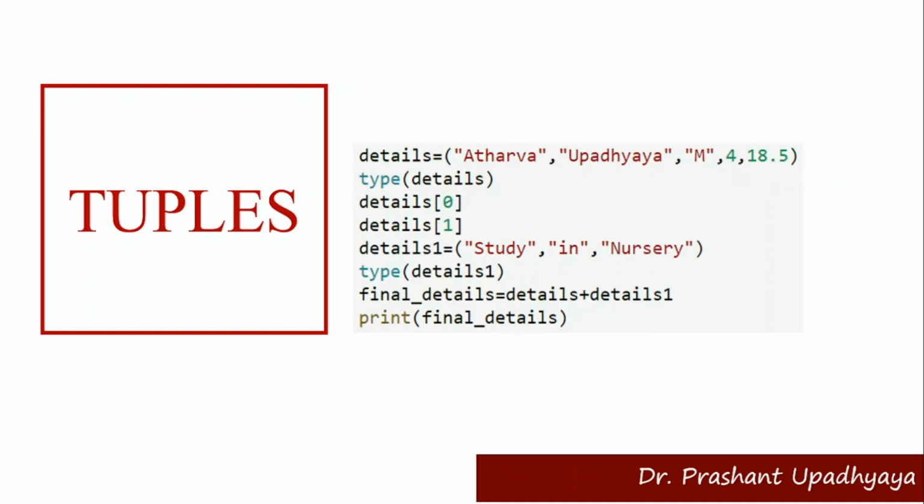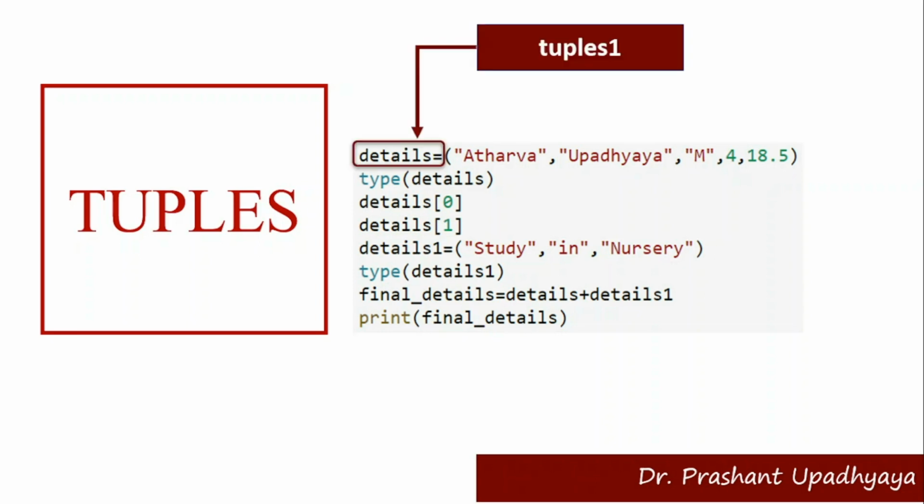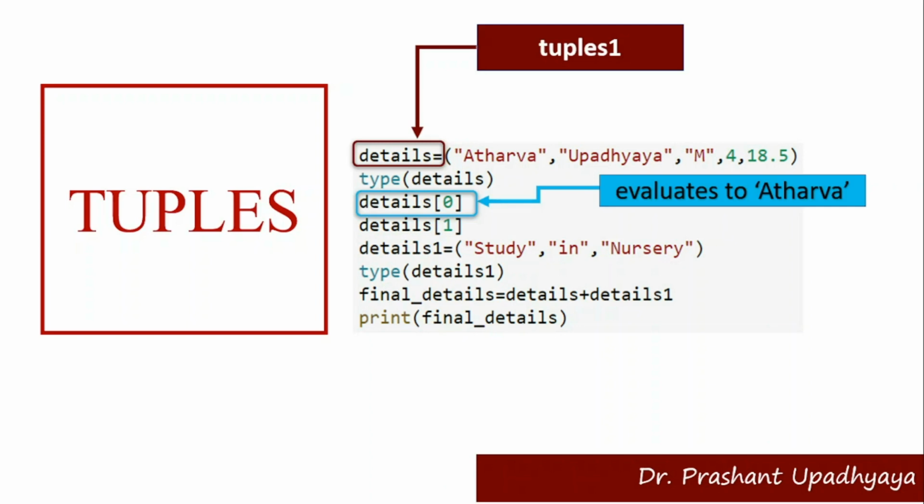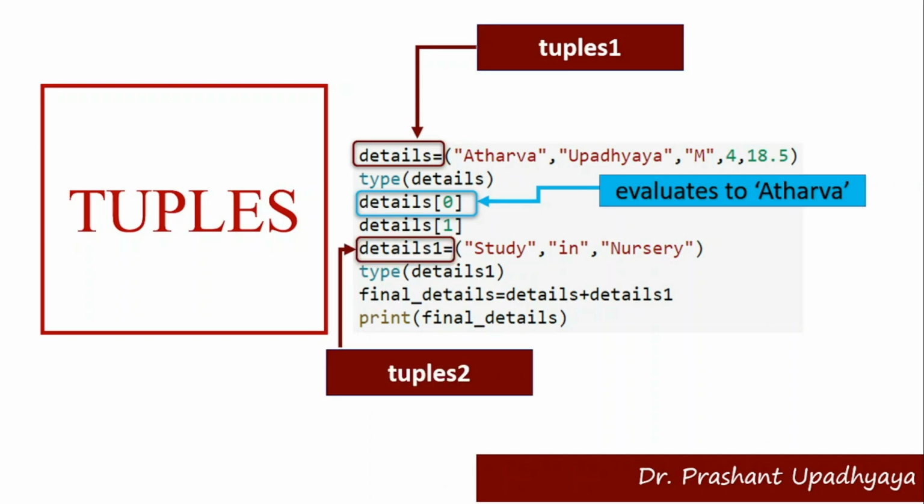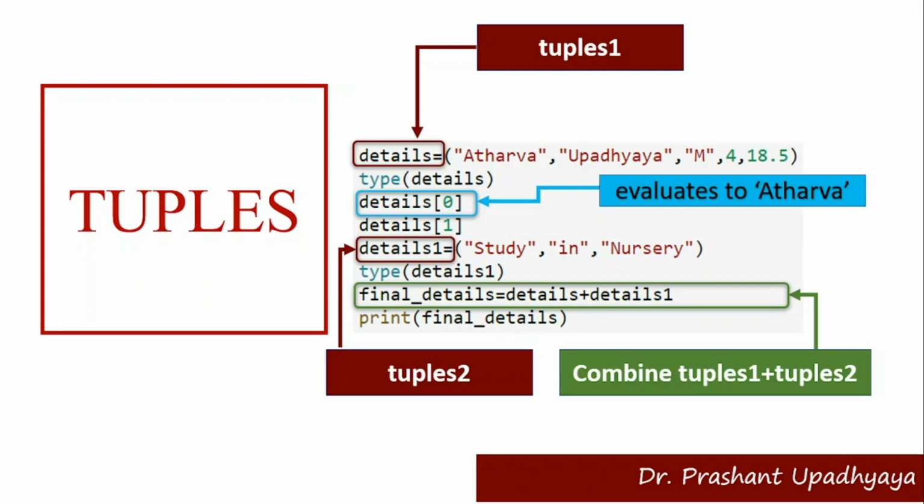Then I define the details as tuple 1, and then I take another details as tuple 2, and then we combine these tuples into a final tuple, that is final_details. So this is your tuple number 1, and if we evaluate details 0, it will evaluate to Atharv. And then we take another tuple, that is tuple number 2, and finally we combine tuple 1 and tuple 2.